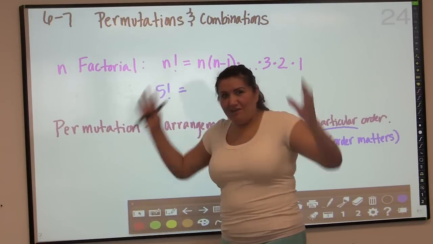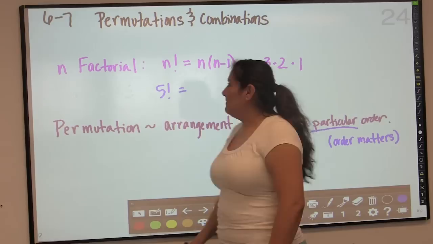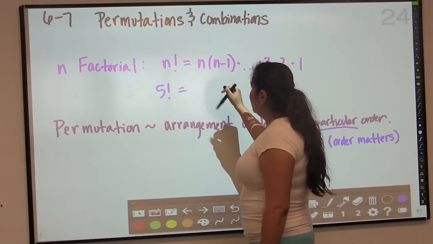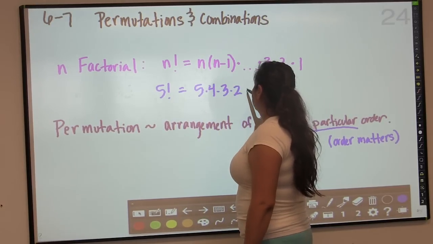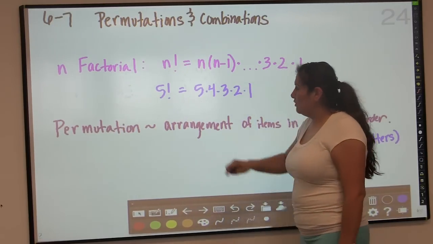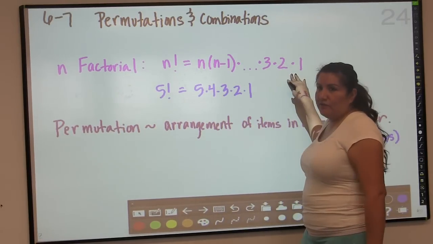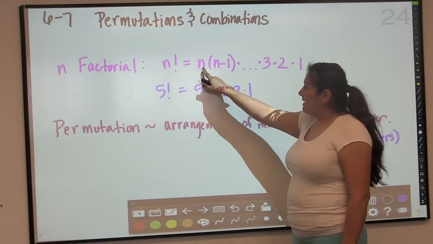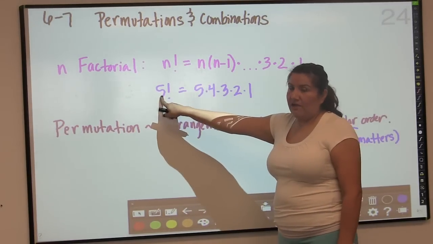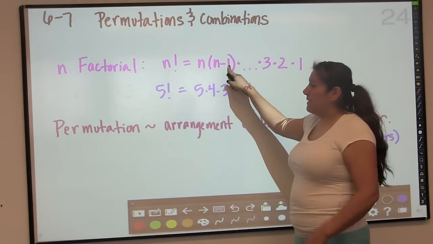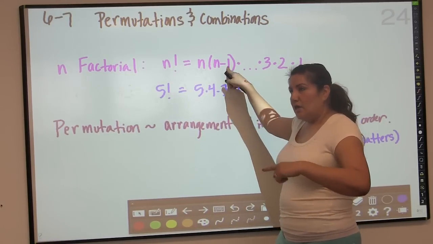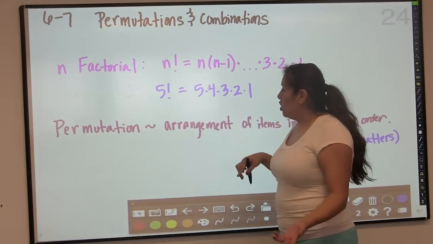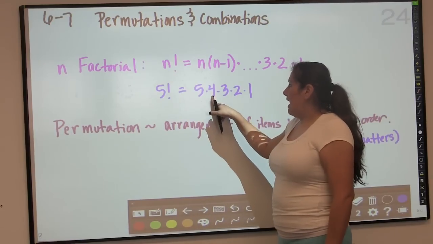So it must be 5, but it's not. 5 factorial basically means 5 times 4 times 3 times 2 times 1. This notation is kind of confusing, but it just means that you take the number n, like the 5, and then n minus 1 is 1 unit lower than 5, so the 4, and then you keep doing it.